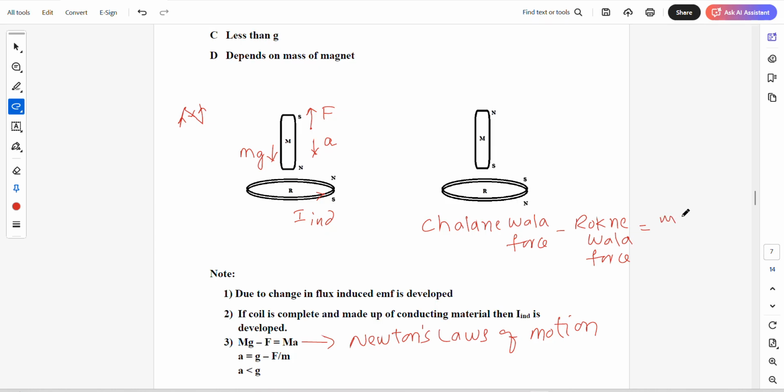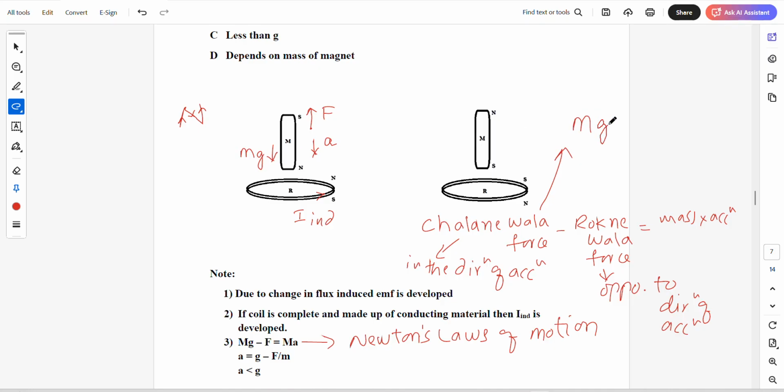Mass into acceleration. The driving force is in the direction of acceleration, and the opposing force is opposite to the direction of acceleration. Which is the driving force here? The driving force is mg.